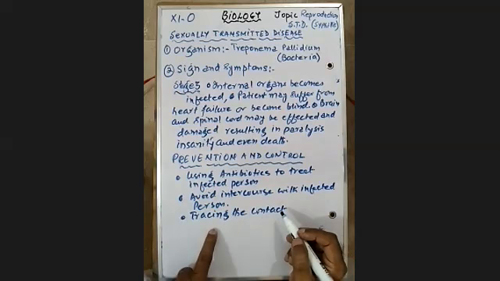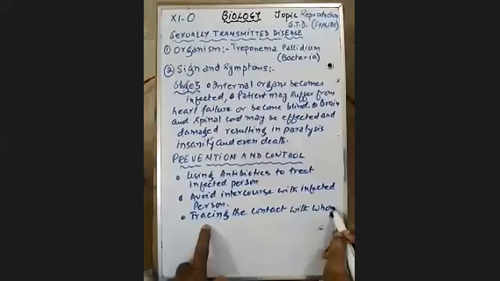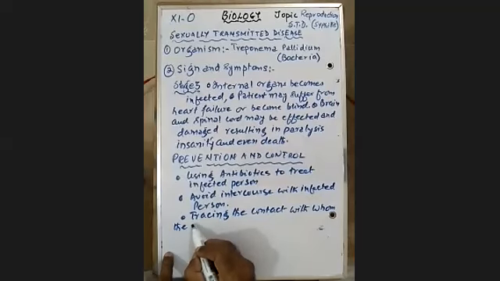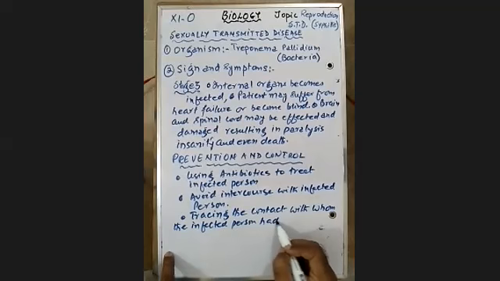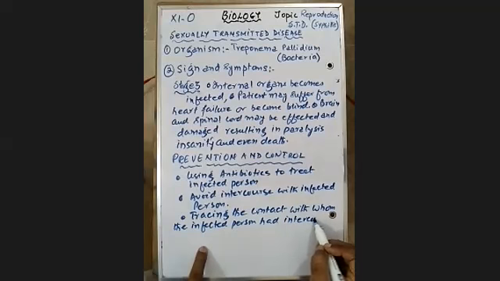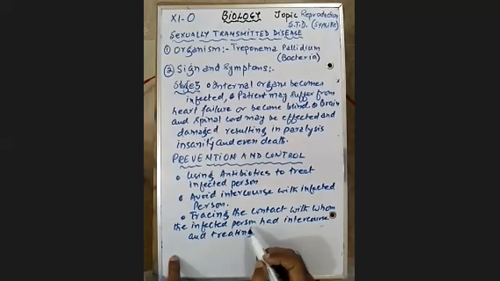If a person is suffering from syphilis, the contacts must be traced, that is, those with whom the infected person had intercourse, and treating them promptly.